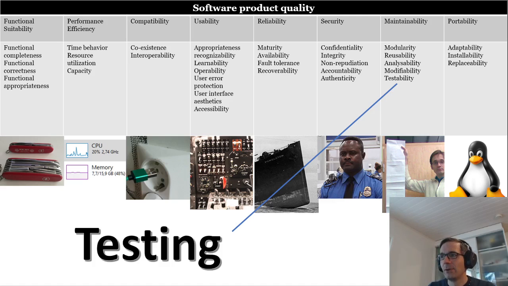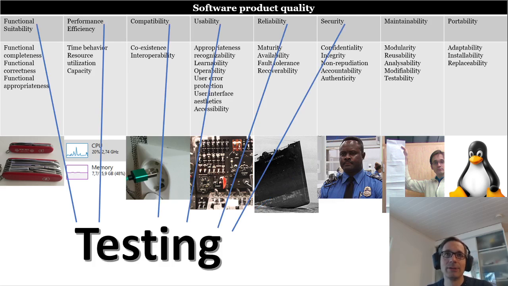And therefore, as it influences testing, it also influences the testing of all these 6 other software product quality attributes. So it influences functional testing, performance testing, compatibility testing, usability testing, reliability testing, and security testing.